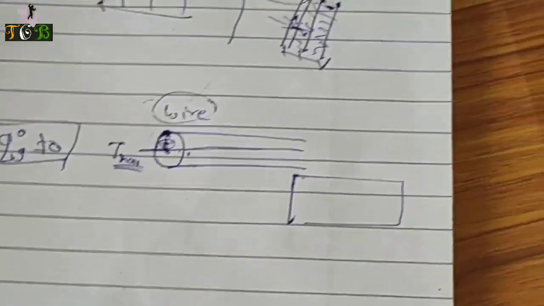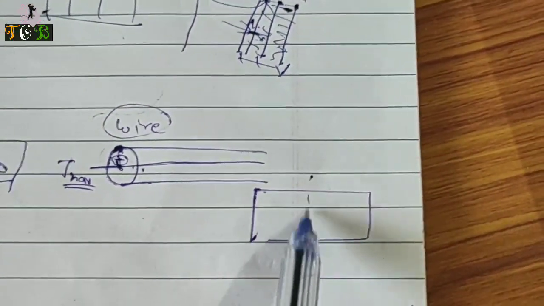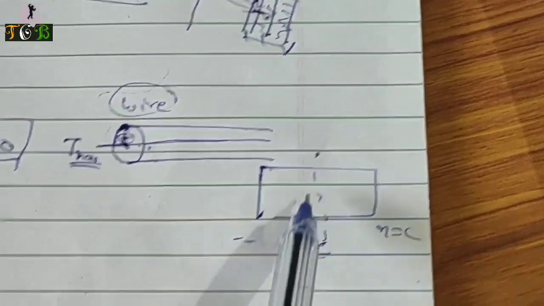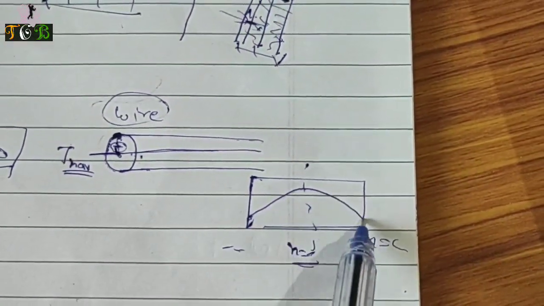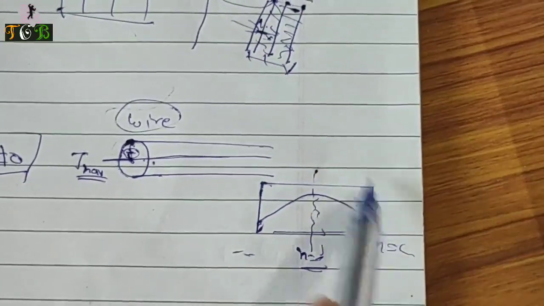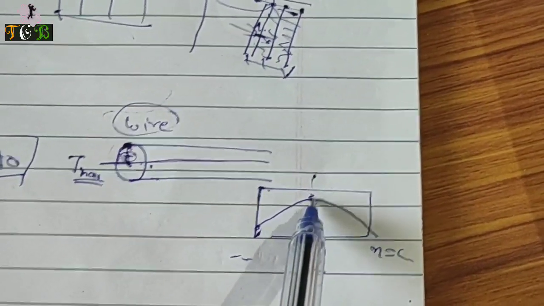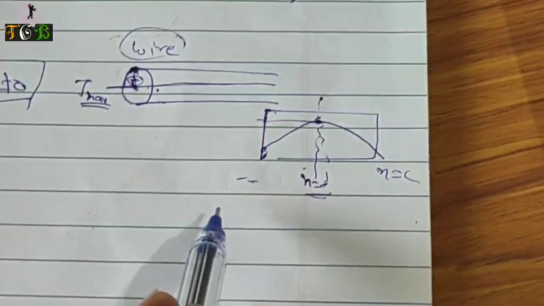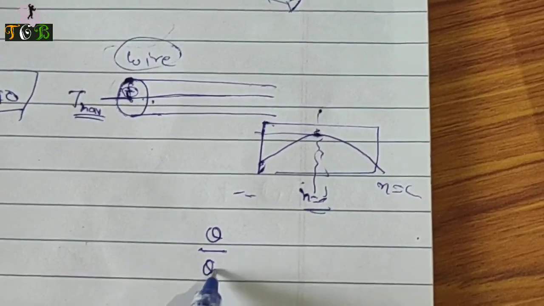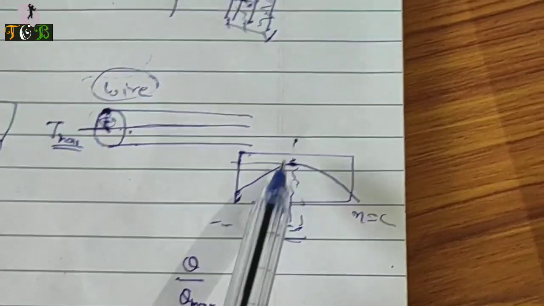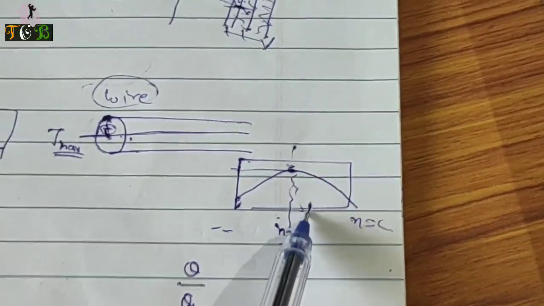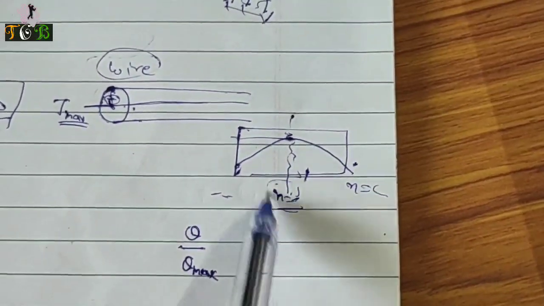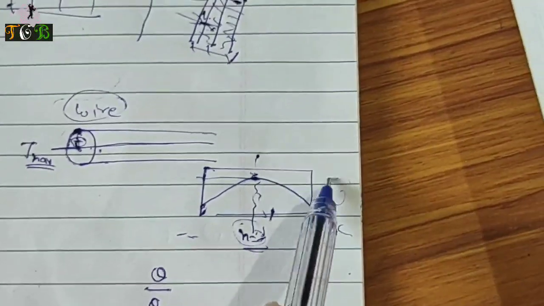Okay, and if you remember, the same case of heat generation Qg not equal to 0, we have done for a slab. So we took a slab from x equal to minus L to x equal to L like this, and we saw this kind of temperature profile, and in the middle there was the maximum temperature. And if you remember, we wrote a formula for that: theta upon theta max, where theta is the temperature at a particular length minus outside temperature, divided by theta max, the maximum temperature minus the outside temperature.